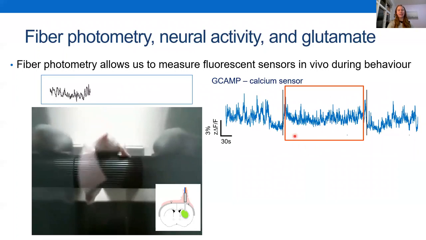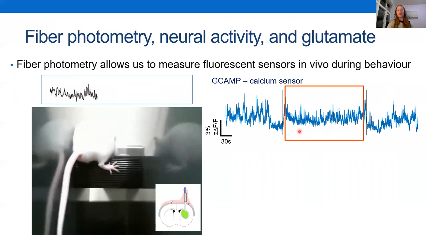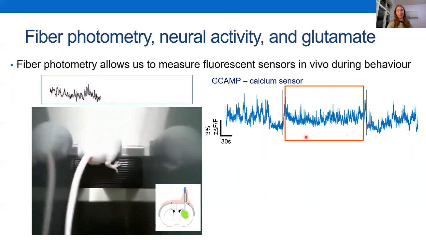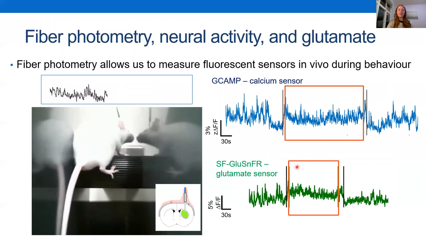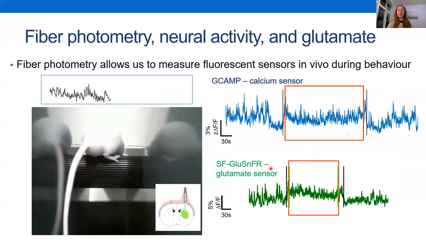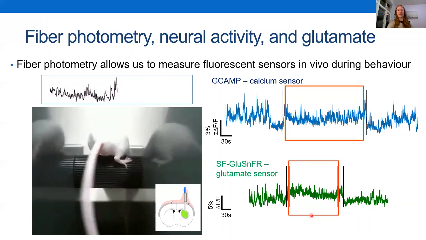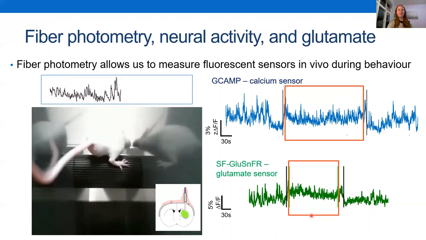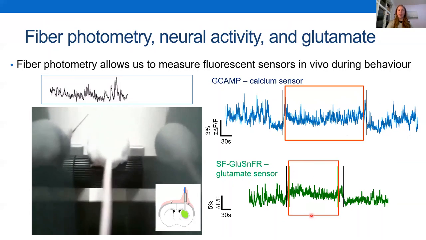And you can see how the activity has an initial increase and that the activity looks different while the mouse is doing the trial compared to before and after. I also have an example here using the GluSniffer glutamate sensor as a way to measure glutamate release during this task in another mouse. So these are some examples of the kind of data that you can collect using fiber photometry.